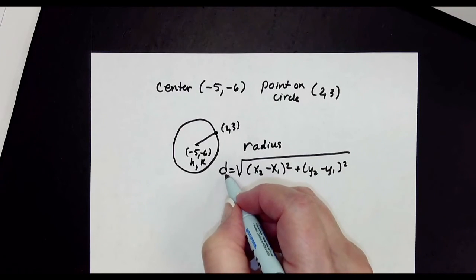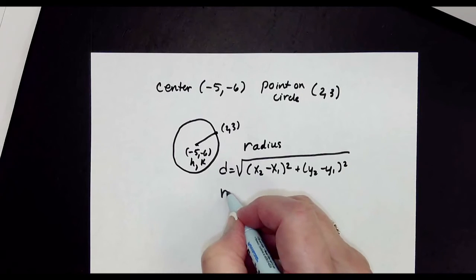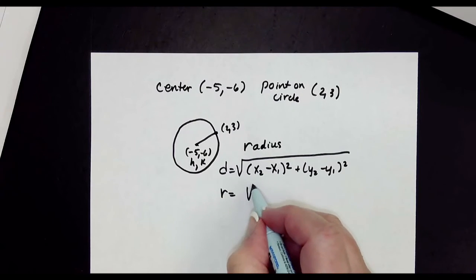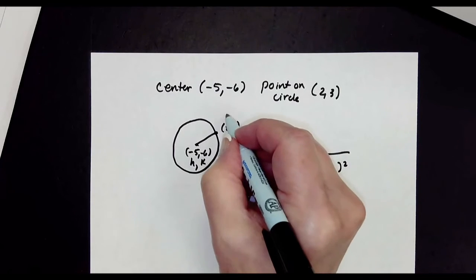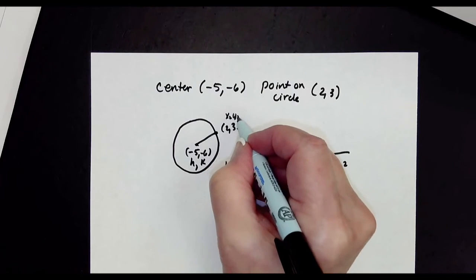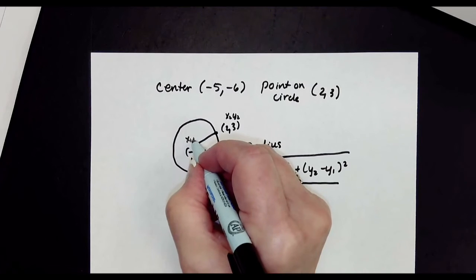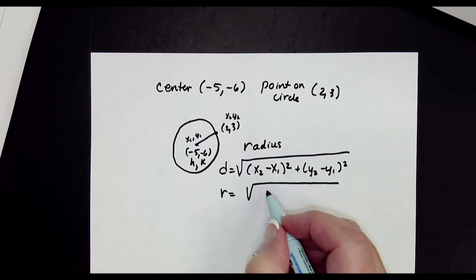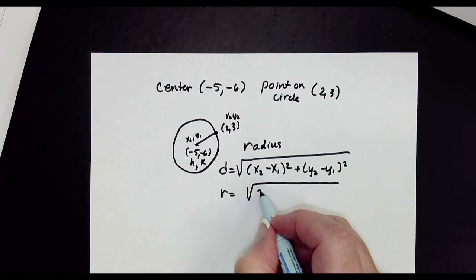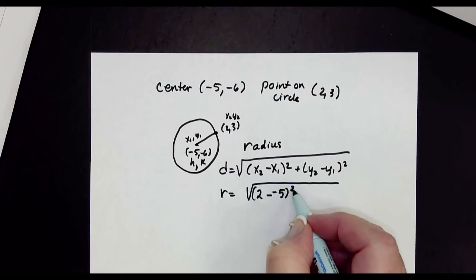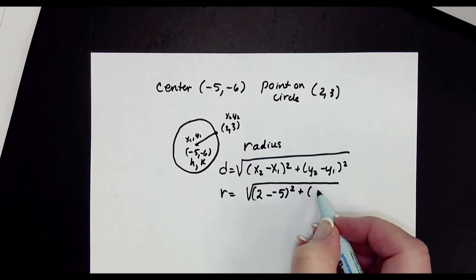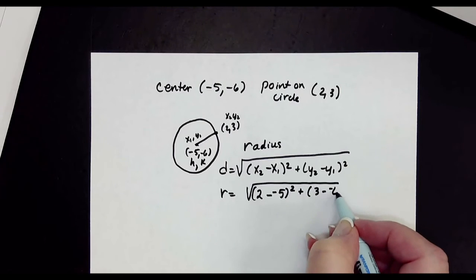So instead of d for distance, we're just going to write r equals the square root of x sub 2 minus x sub 1 squared, and so on. So here's x sub 2, y sub 2, x sub 1, y sub 1. So x sub 2 would be 2 minus a -5 squared plus 3 minus a -6 squared.